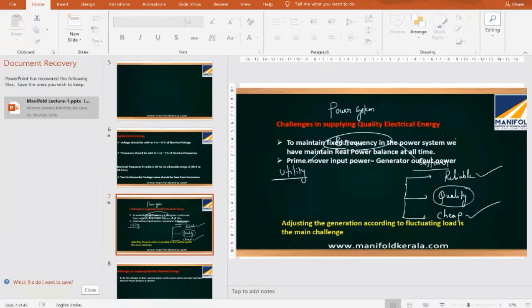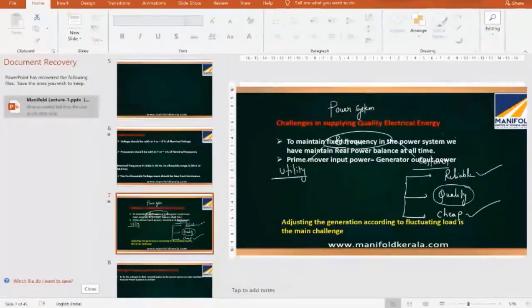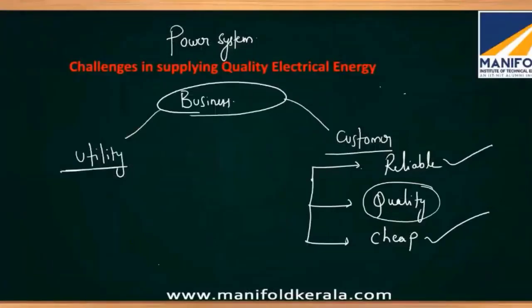Brand value. See, in any business, you crave for two things. The first one is brand value. The second one is profit. So, in this case, when there is a monopoly, since there is only one utility, in Kerala, you will get power only from the Kerala State Electricity Board.